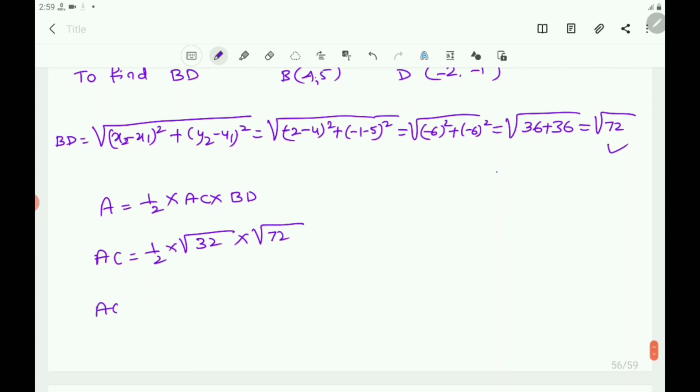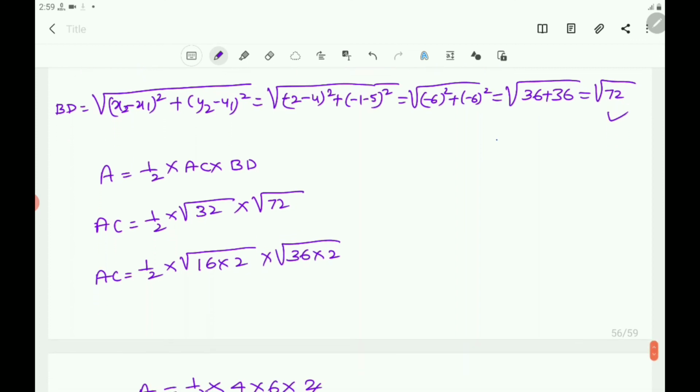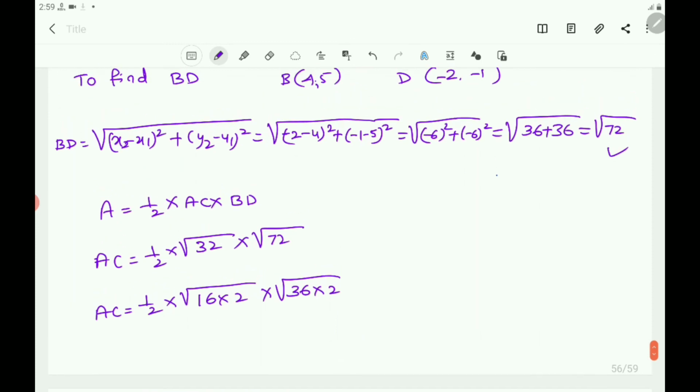You write root 32 is root of 16 into 2, and root 72 is root of 36 into 2.